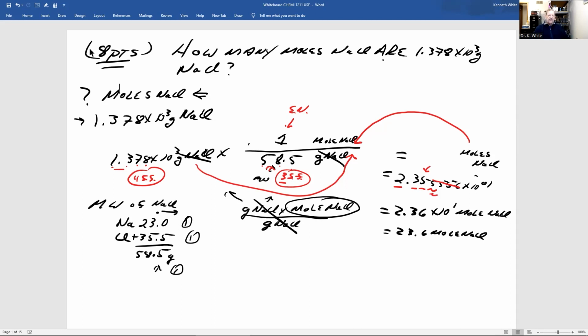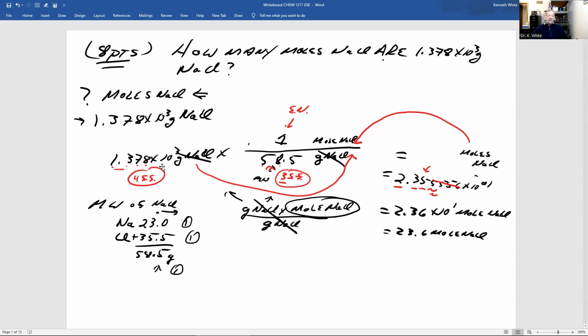And let's go through this again. What did we do? We found out, first of all, what are we being asked to find? Moles of sodium chloride. We write down or find out what are we given? And that's grams of sodium chloride.